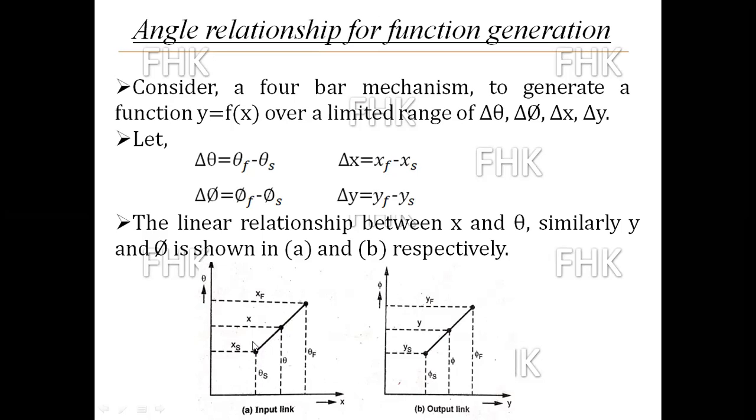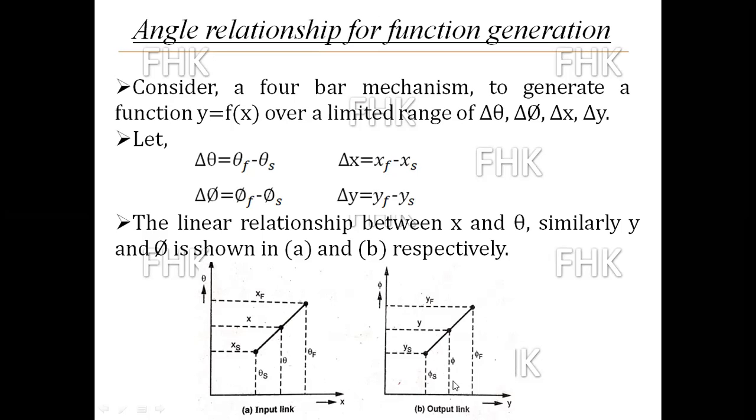When the first initial precision point is x starting, I will get theta starting. As the location of precision point goes on changing, theta also goes on changing from theta starting to theta final. This will become the range.